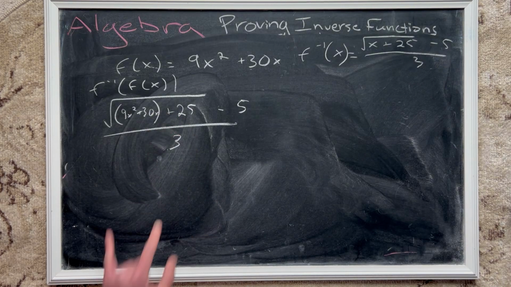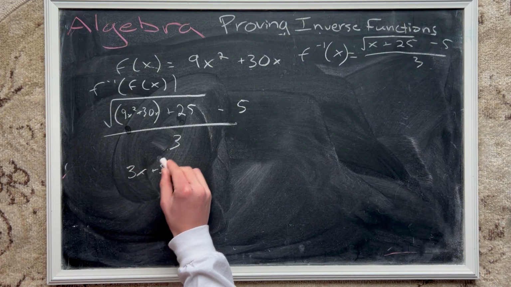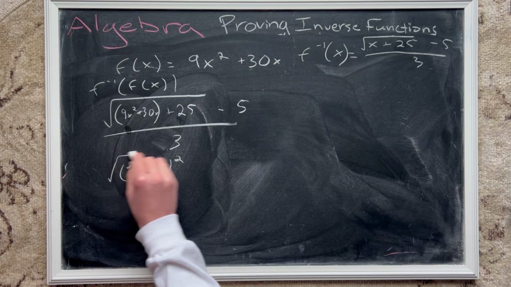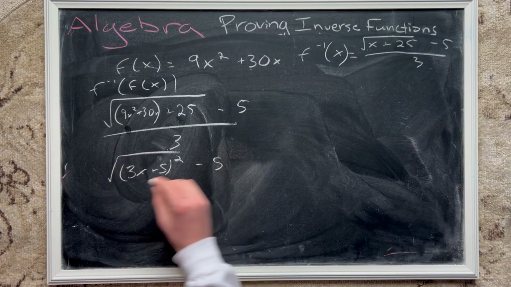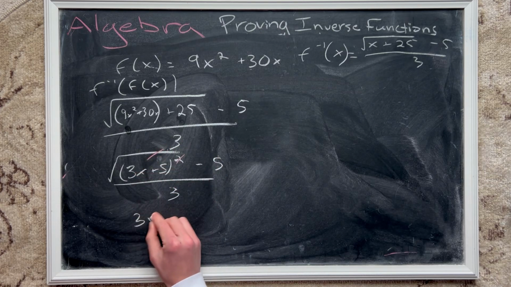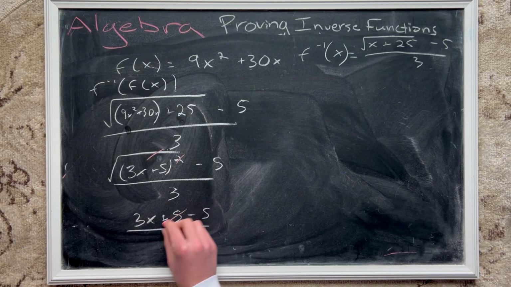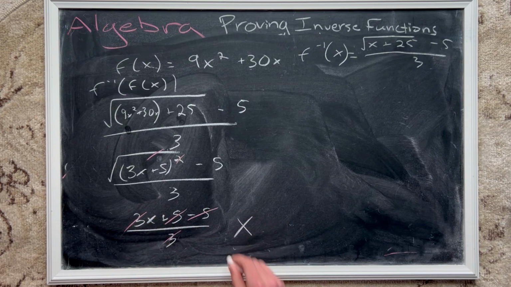And then we know this is the perfect square trinomial that we formed earlier. So this is (3x + 5) squared under the square root, minus 5 over 3. So this square root and the square cancel, leaving us with 3x + 5 minus 5 over 3. The 5 and the 5 cancel, leaving us with 3x over 3. The 3s cancel, leaving us with simply x.